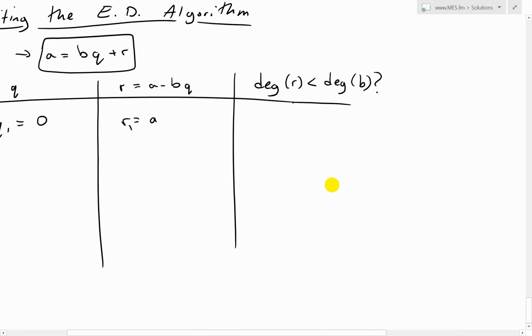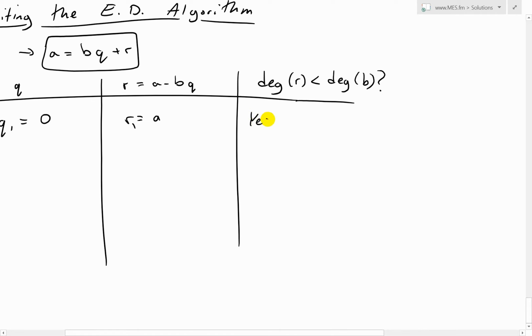If yes, stop, and if no, continue. And we just add the S_i to it.